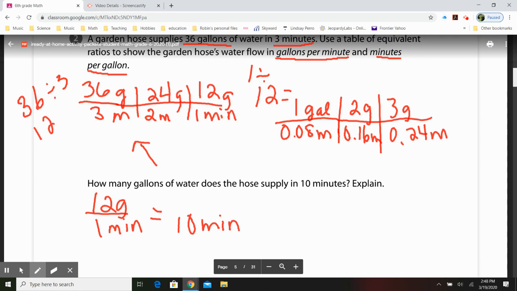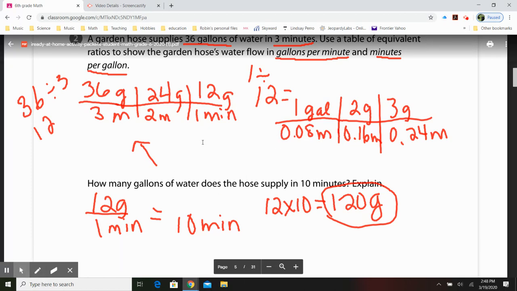So to find that, you're just going to take 12 times 10, and you get 120 gallons. And the explanation is there in the work, that if it is 12 gallons for each minute, 10 minutes would be times 12, and you'd get 120.